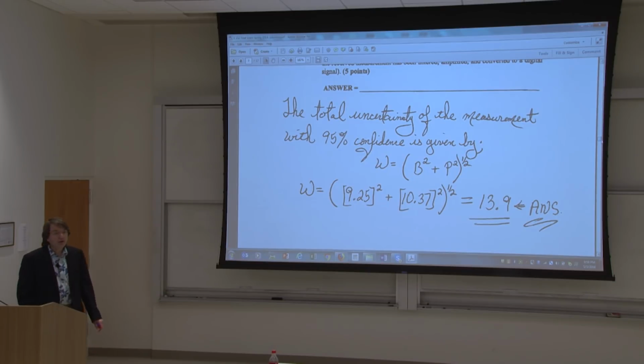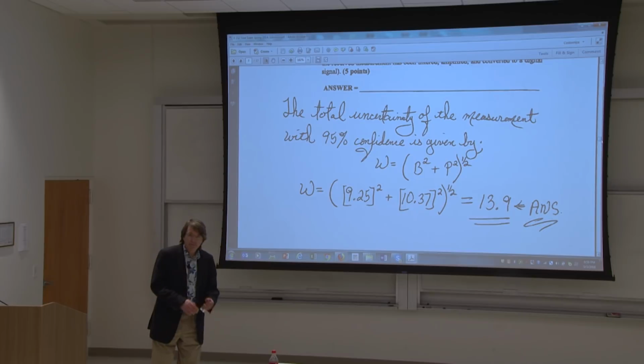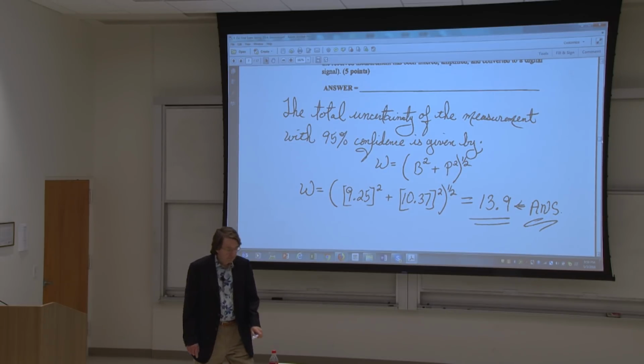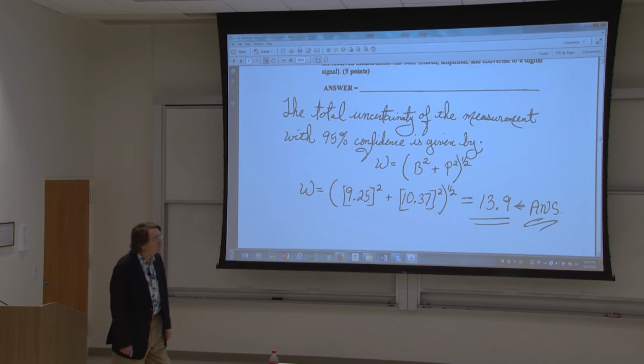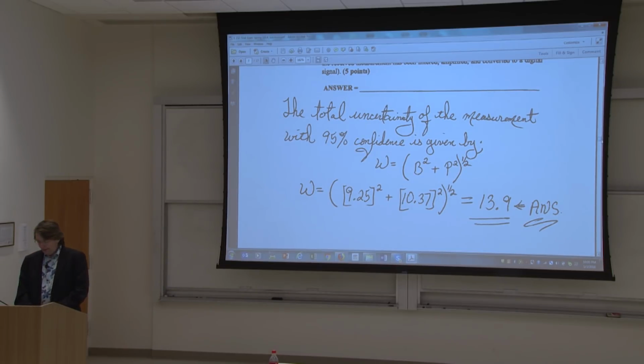So we square each term, add them up, and then take the square root. That's the answer. All right. I think that's the second problem. We're good? All right.